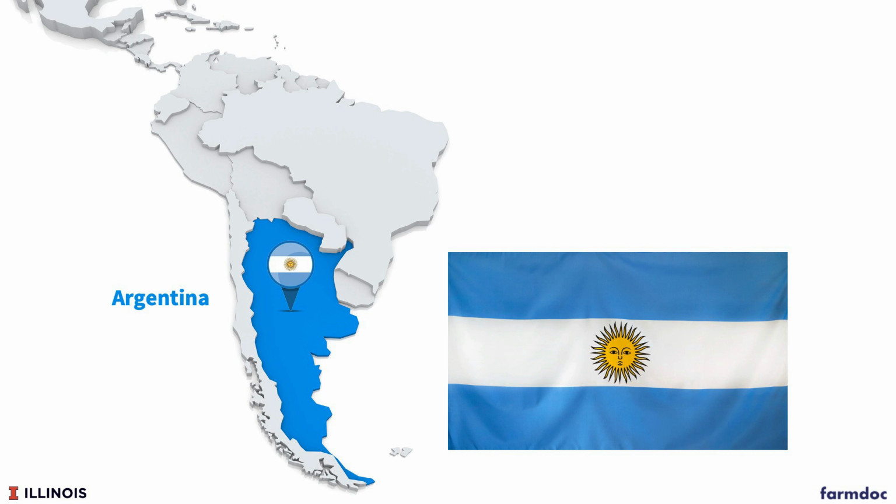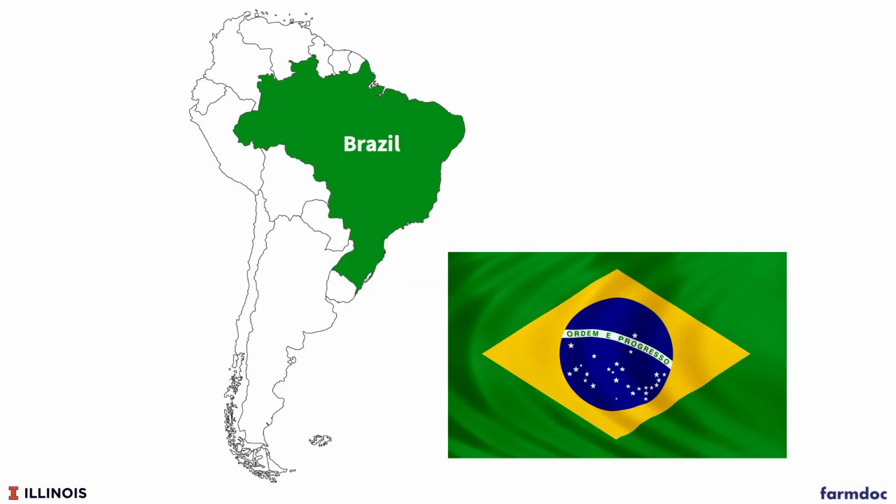Corn was produced on approximately 24% of the typical farm's acreage during the 5-year period. The typical farm in Brazil produced corn and soybeans in 2022.